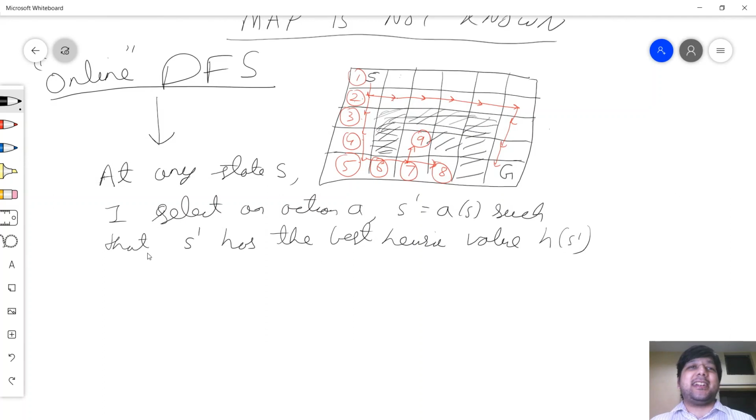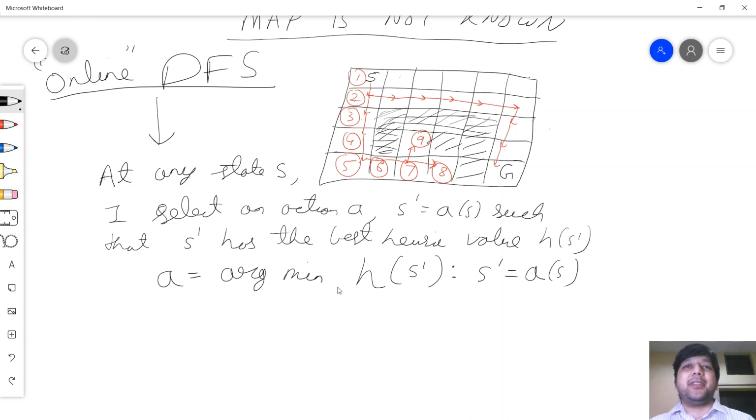The heuristic function is available. All I say is, standing at S, the action that I apply is the one which minimizes my heuristic function of S dash, where S dash is equal to the action A applied to S. Simple enough.